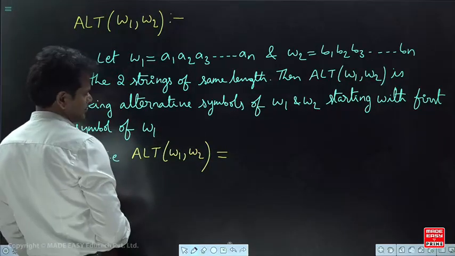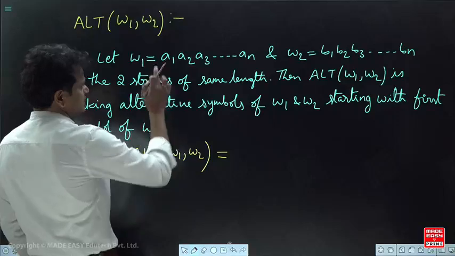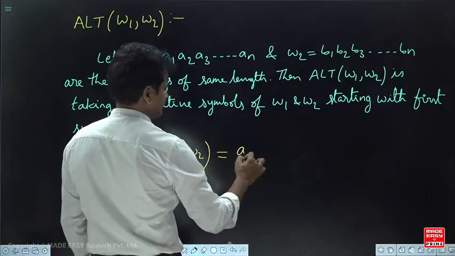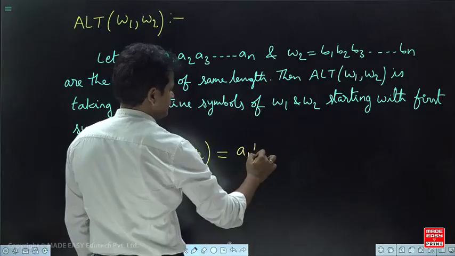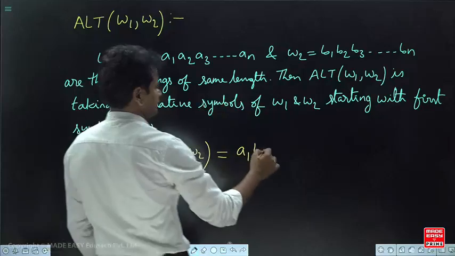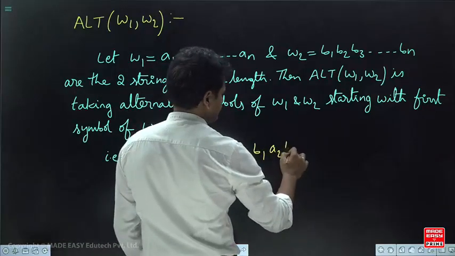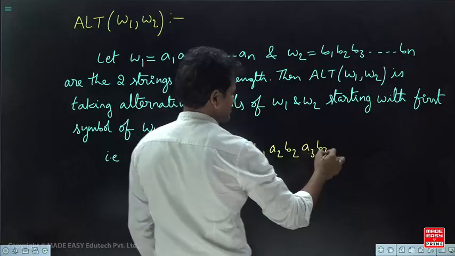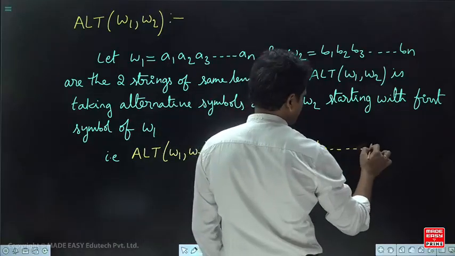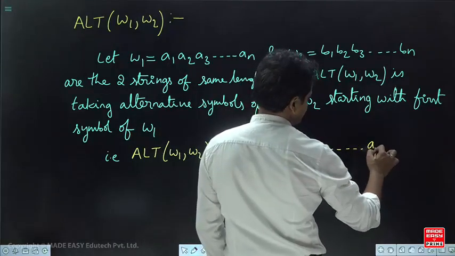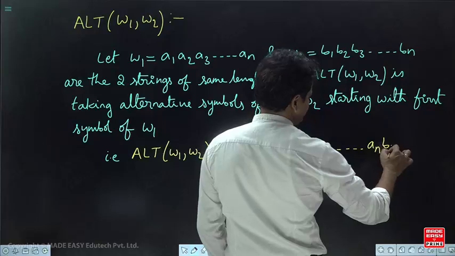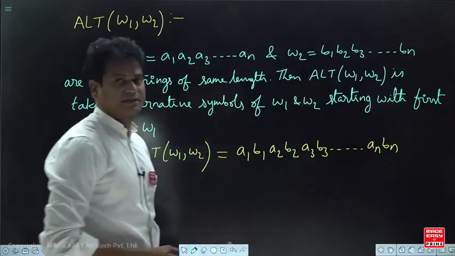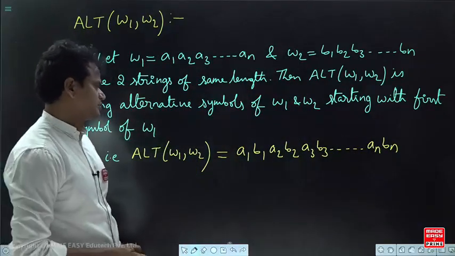So start with A1, then B1, then A2, then B2, A3, then B3. Alternative symbols of W1 and W2, starting with W1, AN, then BN. This is alt of W1 comma W2.